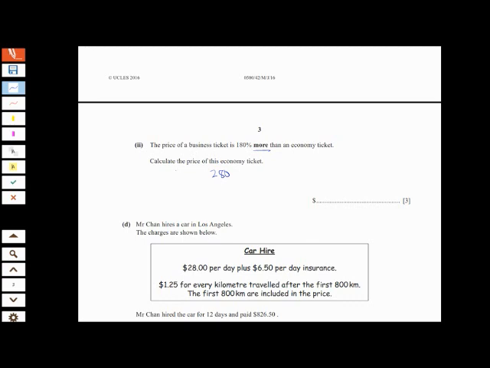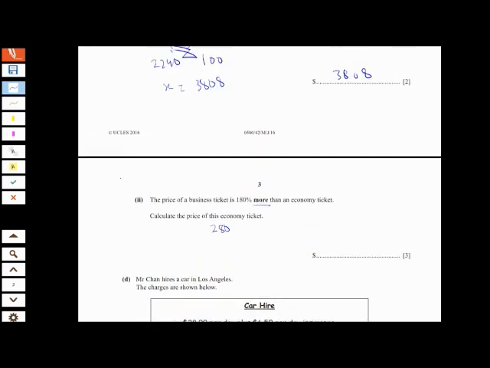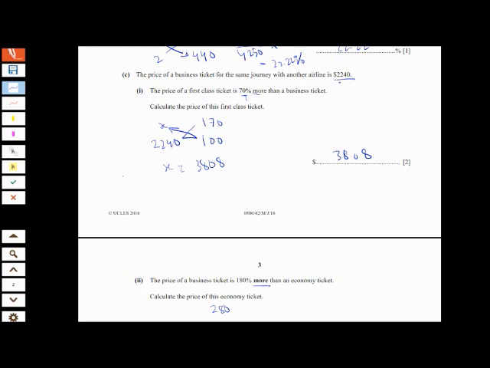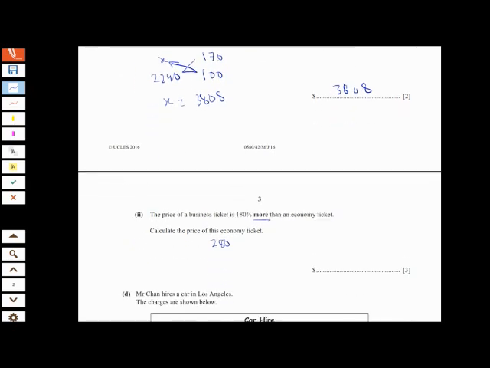The business ticket, we already know it, it's written here. It's 2,240, so 2,240 equals 280%. And now calculate the price of the economy ticket. The economy ticket is 100%. Cross multiply, and so you will get $800.